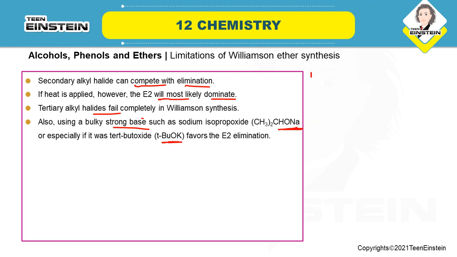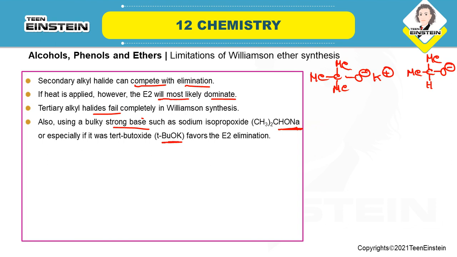Tertiary butoxide is basically 3 methyl groups, then O-, K+. This is a very strong base, and not only that, it is also hindered. And isopropoxide, Me2CHO-, has 2 methyl, 1 hydrogen and O minus. These two are very strong bases, and also very bulky.